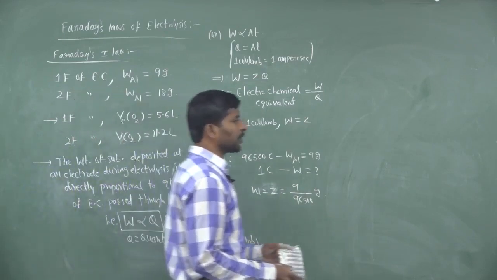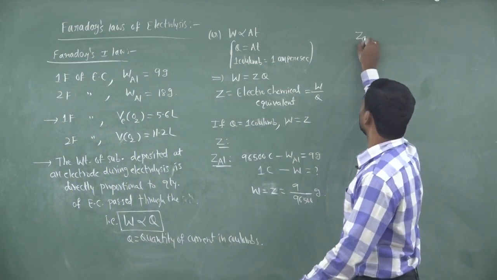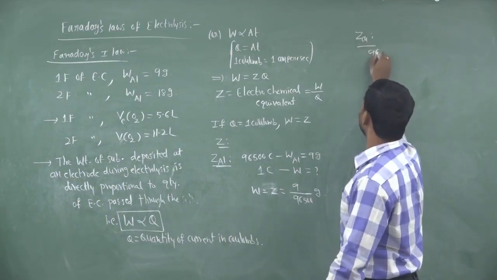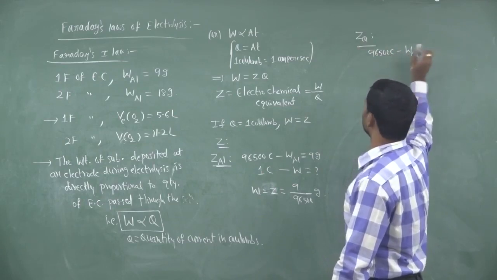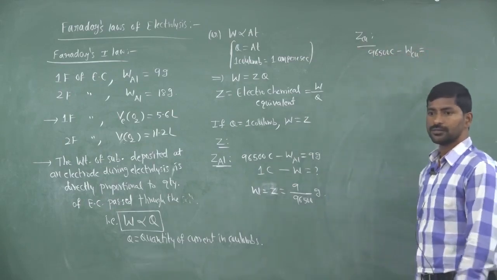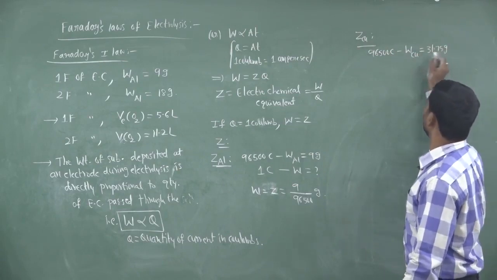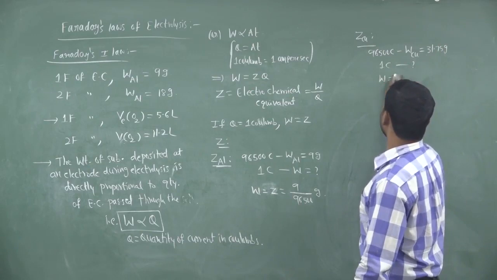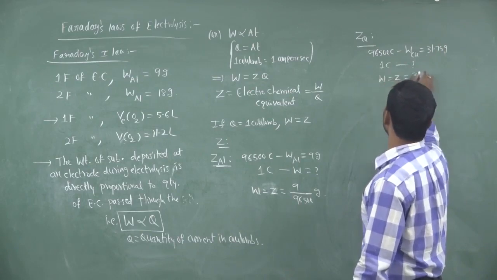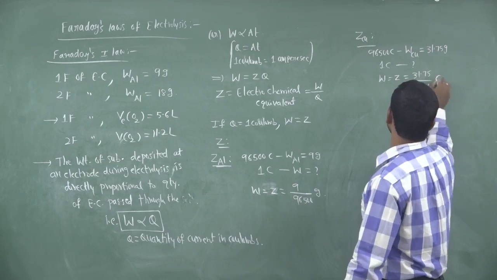What is the Z value for copper? If you pass 96,500 coulombs, what is the weight of copper deposited? 31.75 grams. Now, what about for 1 coulomb? The weight of copper deposited is Z, that is 31.75 by 96,500.